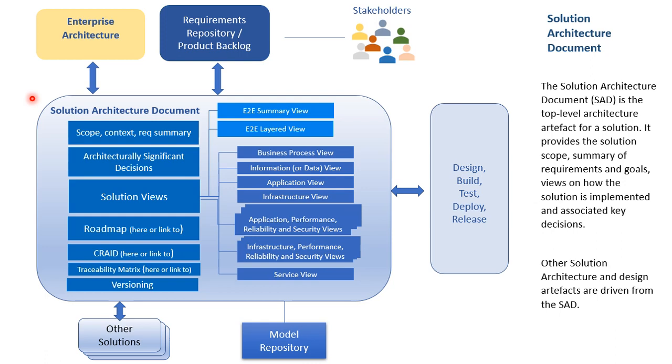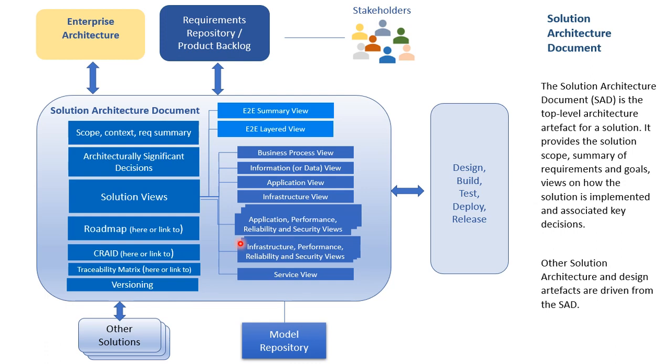And this diagram outlines the structure, in my view, a good solid structure to a solution architecture document or SAD. So inputs into the SAD include the enterprise architecture and specific requirements, hopefully in the form of a backlog for this solution, formalized by stakeholders. Also inputs include other solutions, so we've got a clear boundary between our solution and other solutions.